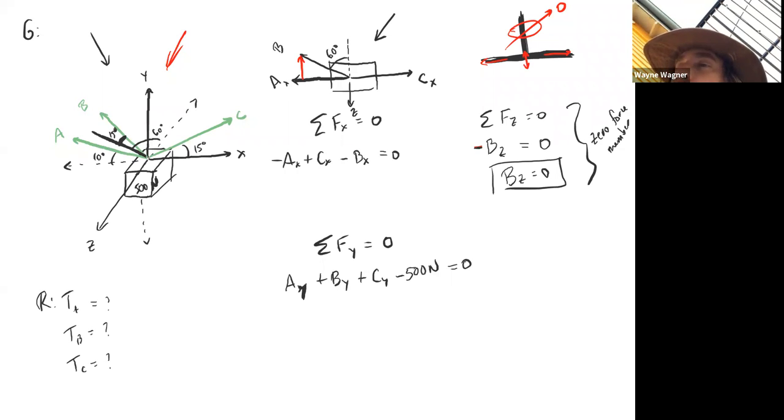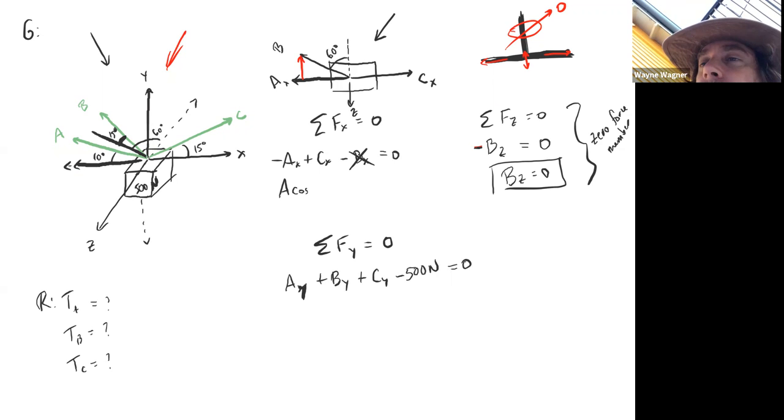So because B is a zero force member, I can get rid of this right here. A in the X, that's this portion right here, so that's A cosine 10 degrees, plus CX, that's C cosine 15 degrees, because that's this portion right here, equals zero.